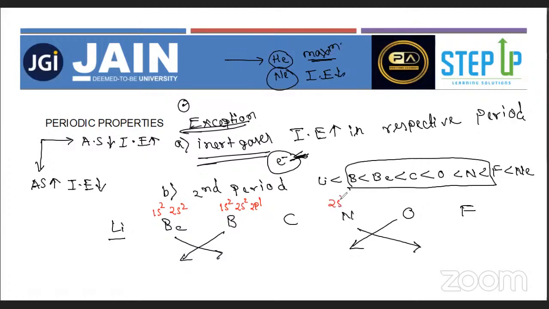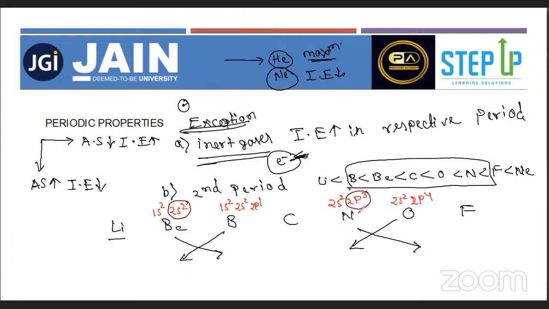This is 2s2, 2p3. And here is 2s2, 2p4. What is happening is, in this place the s orbital is fully filled. In this place the p orbital is half filled.